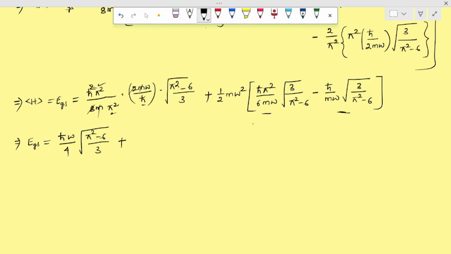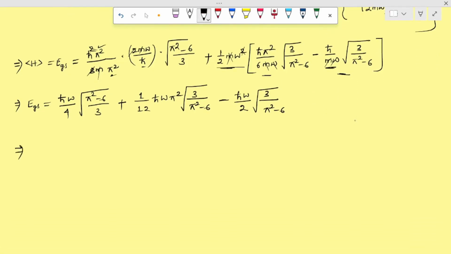We can get 1 by 12 h cut omega, because here m got cancelled, omega will be cancelled out, h cut omega pi square, then 3 by pi square minus 6 whole root over, then this value will be multiplied with this one, means minus, and here m will be cancelled out with m and omega, and we found h cut omega by 2, 3 by pi square minus 6 whole root over, okay.